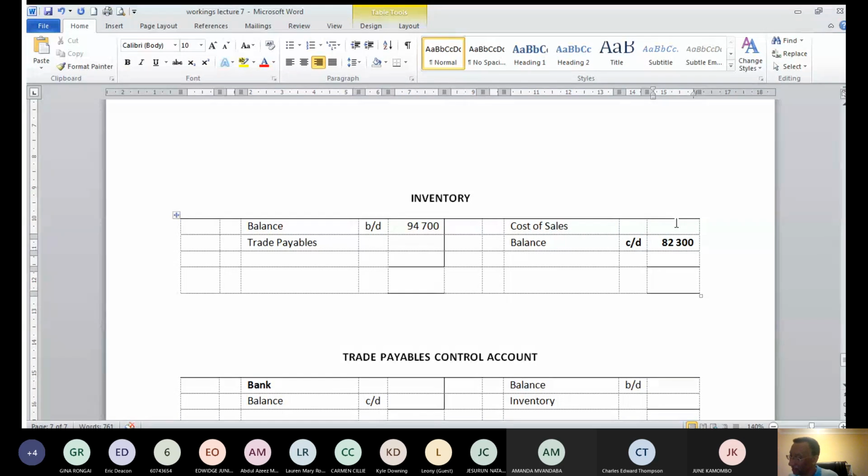My cost of sales, the amount that my stock has decreased with, 122,400. I balance this account now. I will take the 122,400. To that, I will add now my 82,300. And this will give me a total of 204,700.